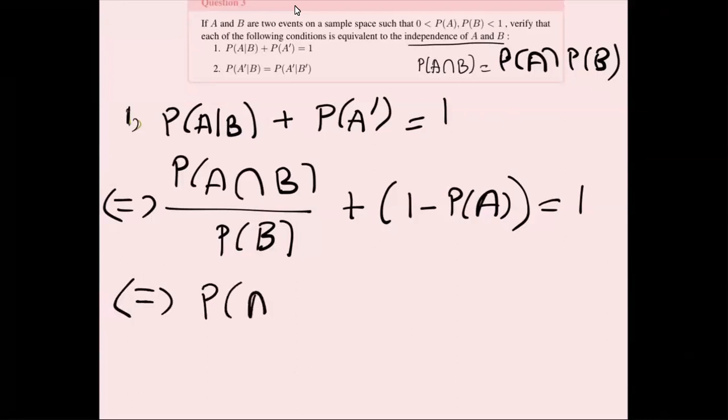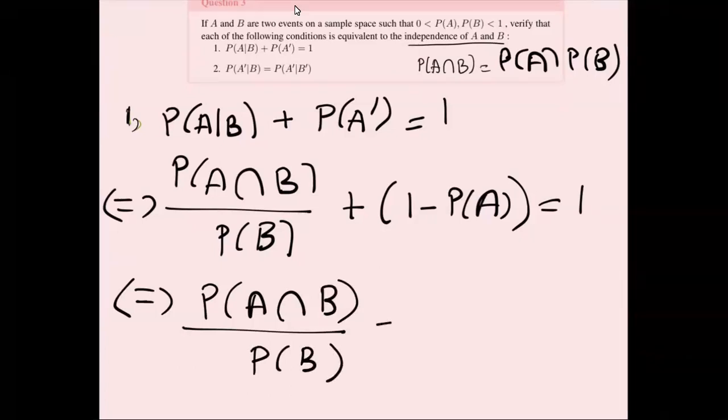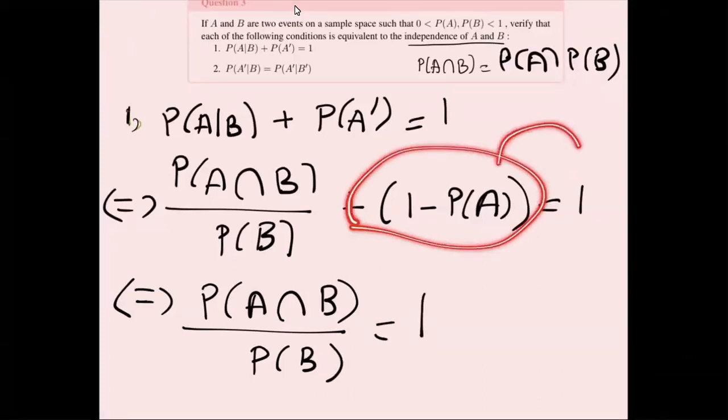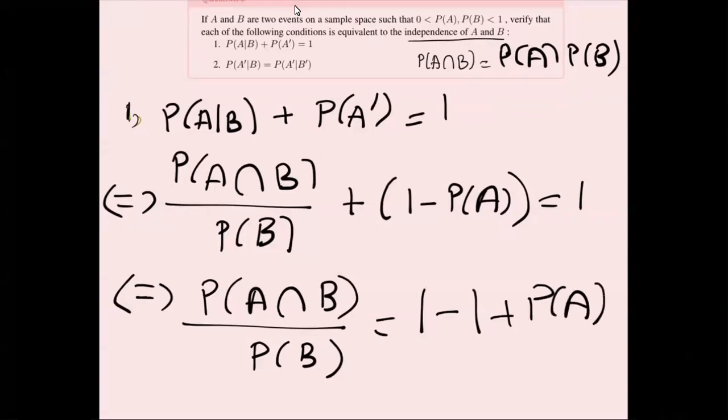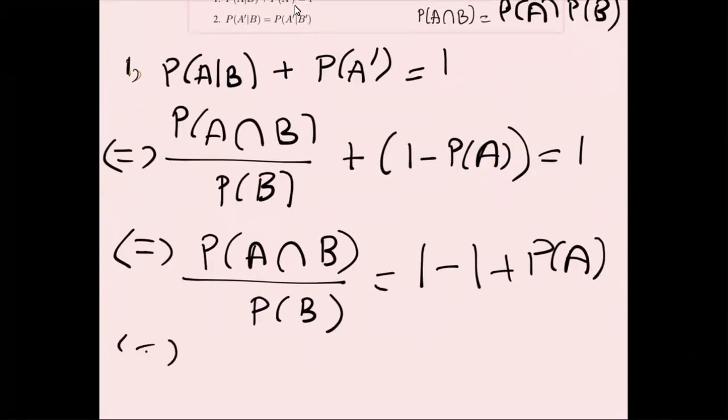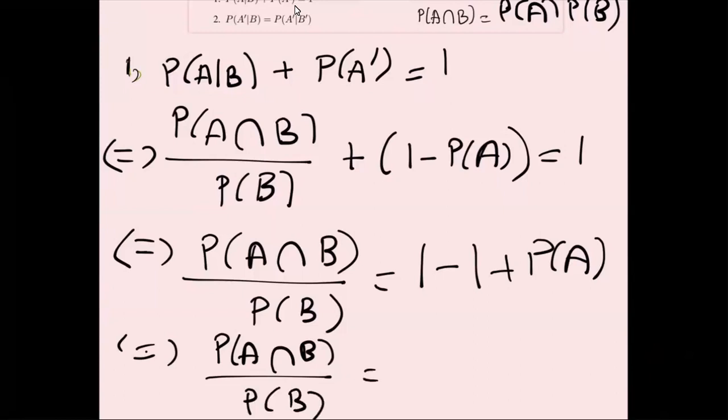And then you would have probability of A intersect with B divided by probability of B is equal to 1. I will bring the whole expression here to the right-hand side. So I have minus 1 and then plus probability of A. And you see that the 1s cancel out.